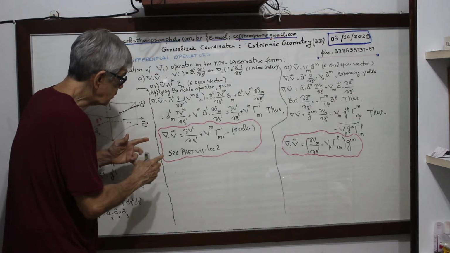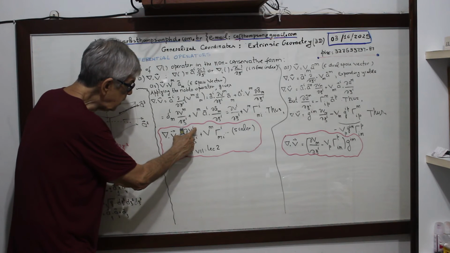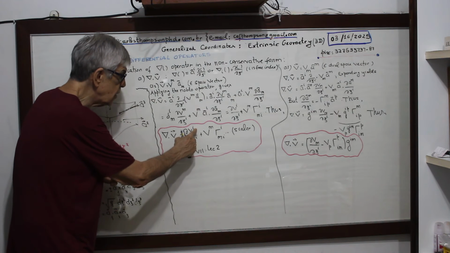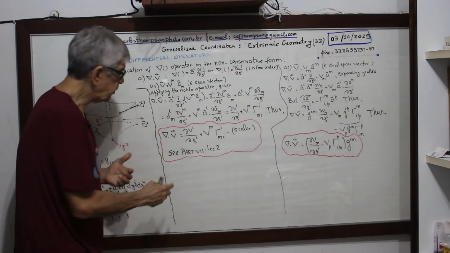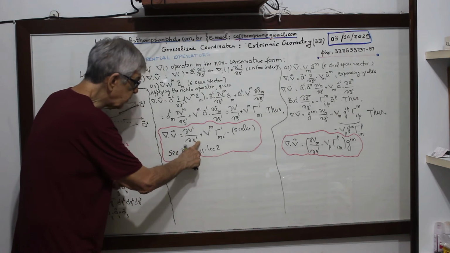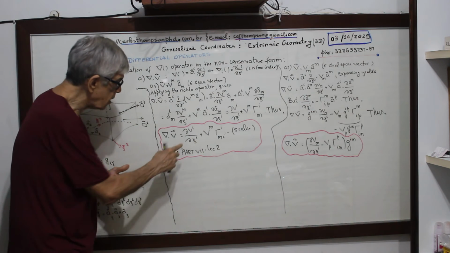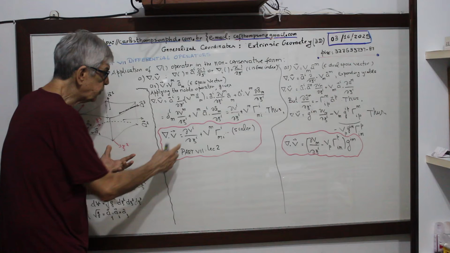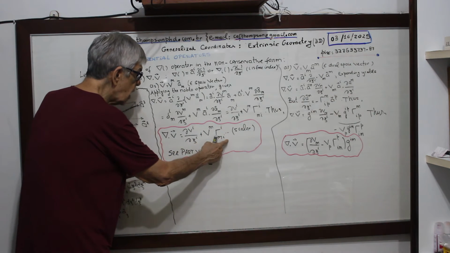Again, you see here, i. This i here is contravariant. This i here is covariant because this i here is in the denominator. So I just repeat i here and i here.